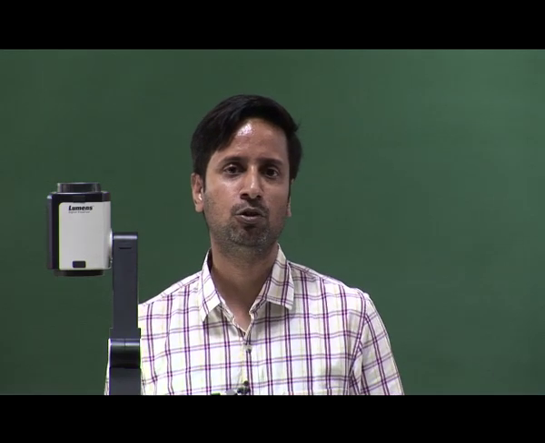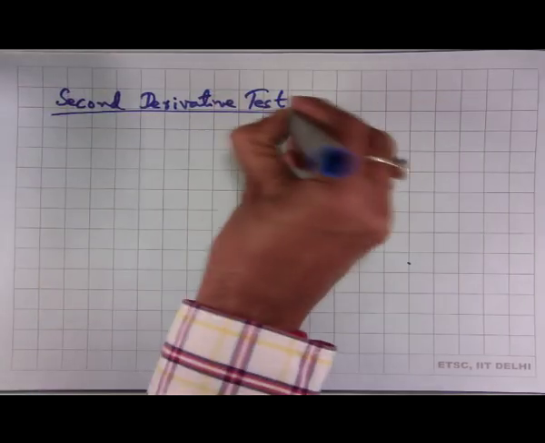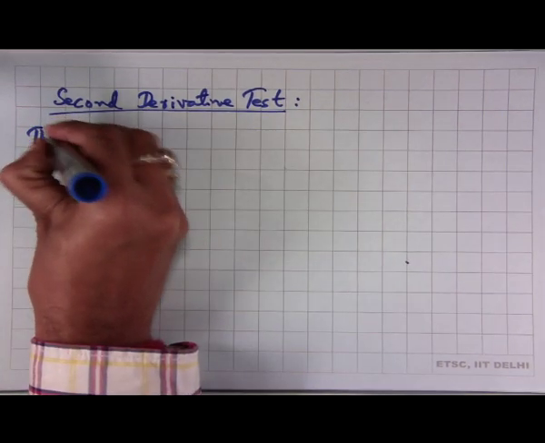Now, the question is can we use the second derivative to test whether the function is local maxima or local minima at a point. So, we will discuss the second derivative test. So, let me write as a theorem.